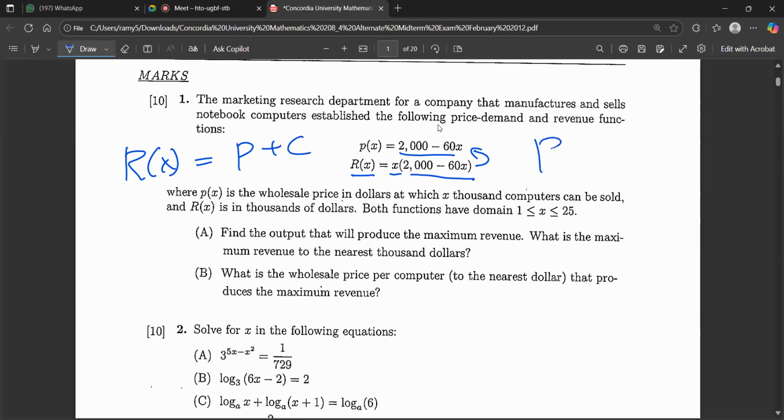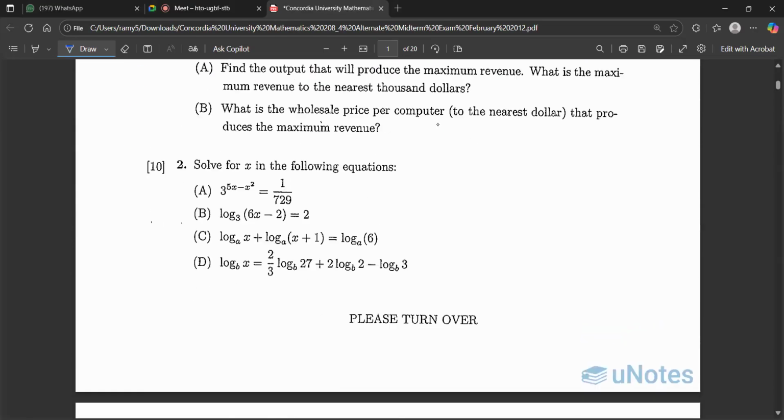It is also equal to the quantity demanded, which is X number of computers, times the price of one computer. Okay, that's it.